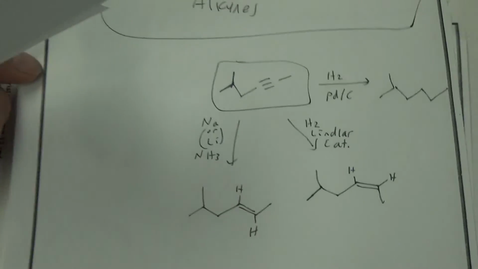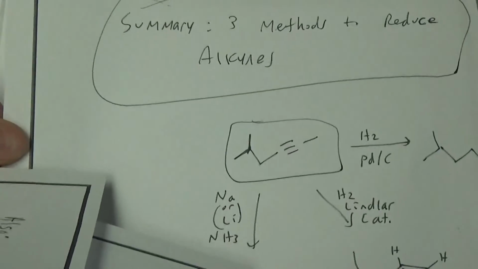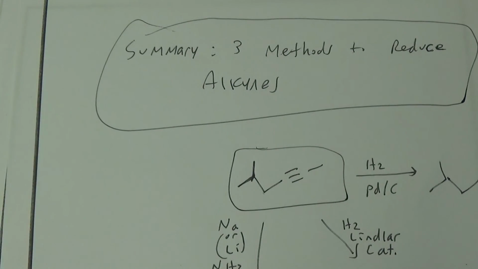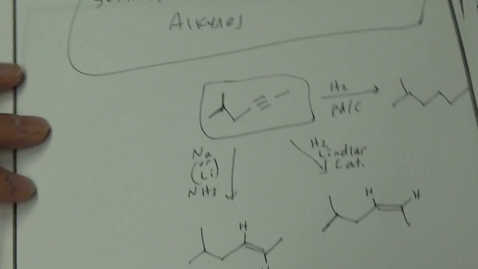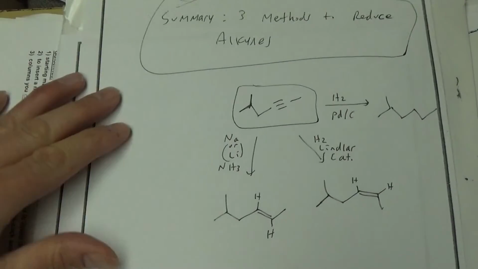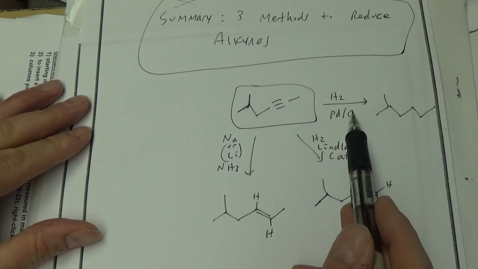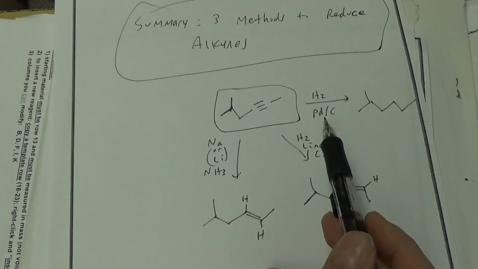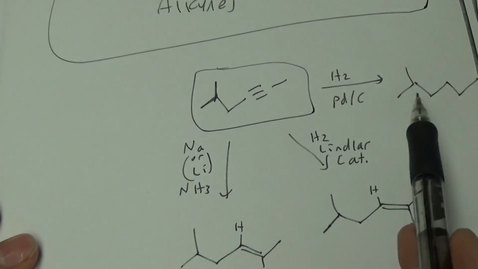And the other thing we ended on was that there are three ways you can reduce alkynes down to alkanes and alkenes. One of them is H2 with palladium on carbon, which reduces them completely down to alkanes.